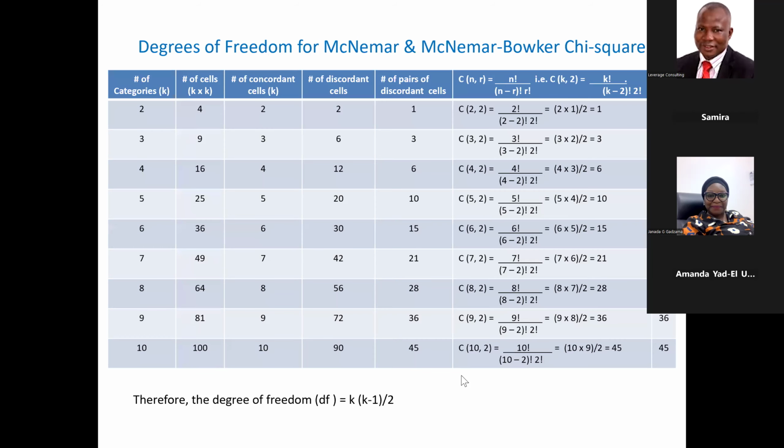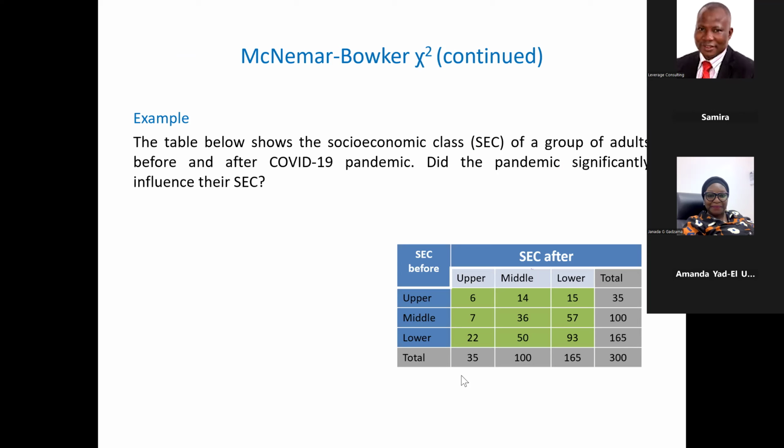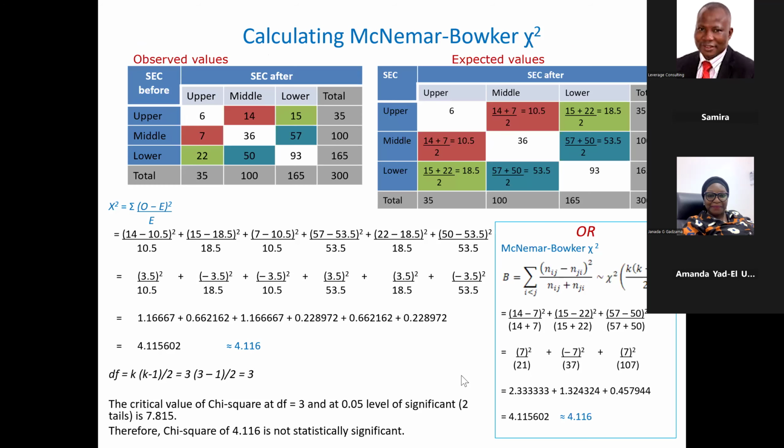Now, if we say number of concordant cells, how many of the cells are concordant? If I ask you now, you may not be able to say it, but it's very simple. They have it in the table also to make it easier. You see number of concordant cells. When we say number of concordant cells, you see the white along the diagonal.